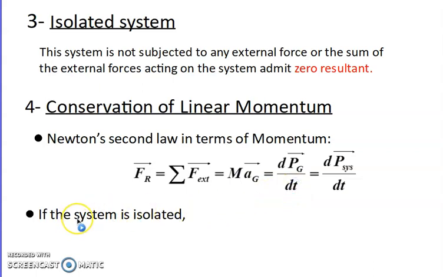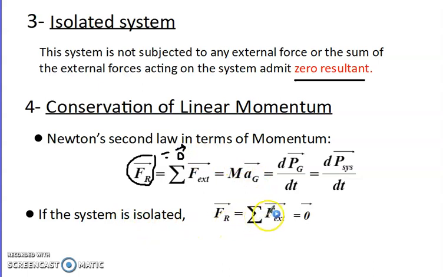So if the system is isolated, means what? Means zero resultant. It means this force, which is the resultant force or sum of forces, equals 0.